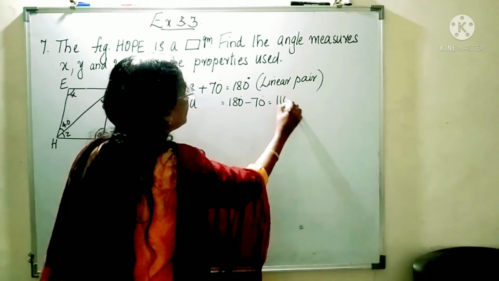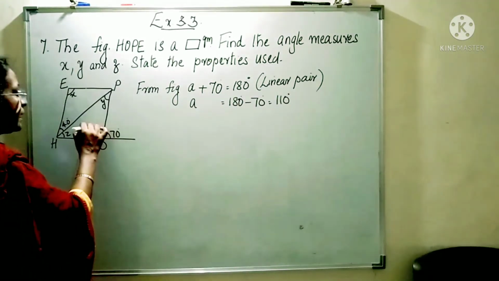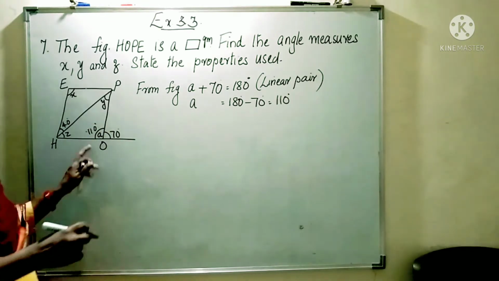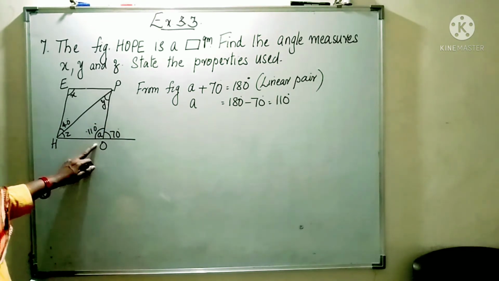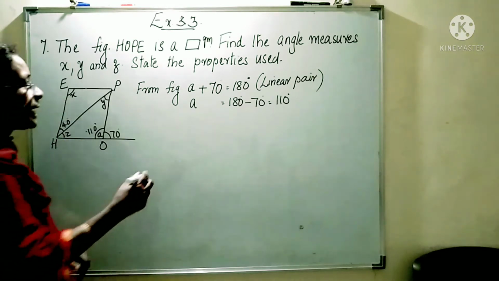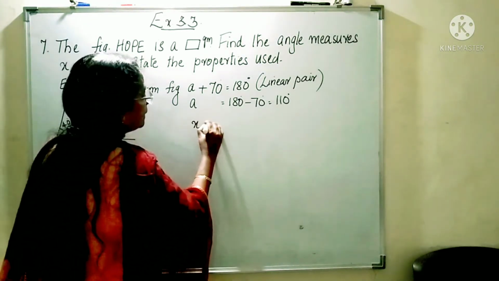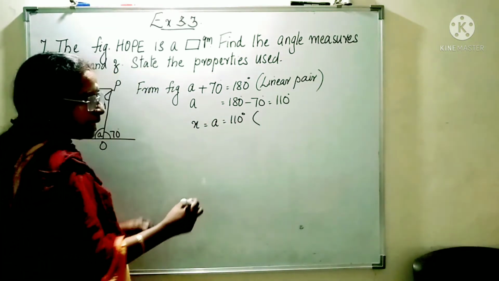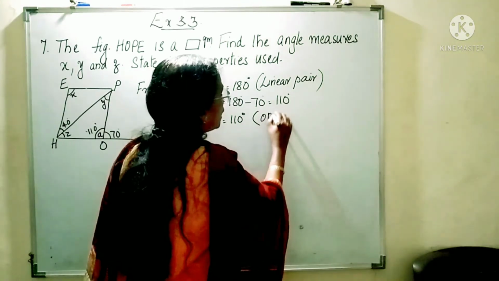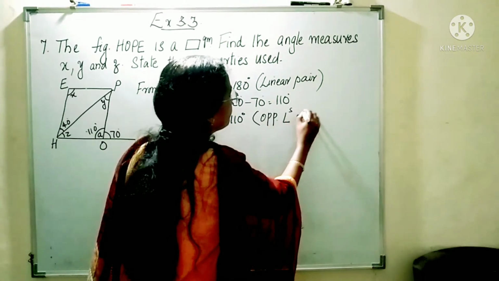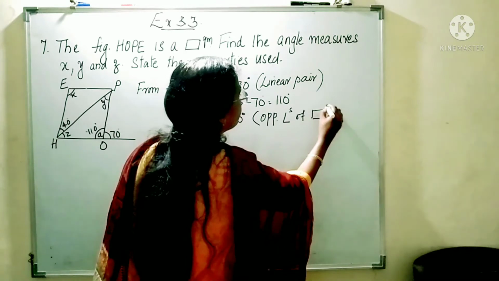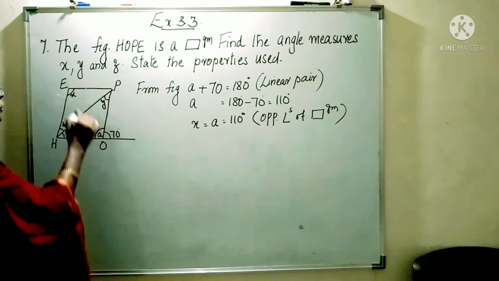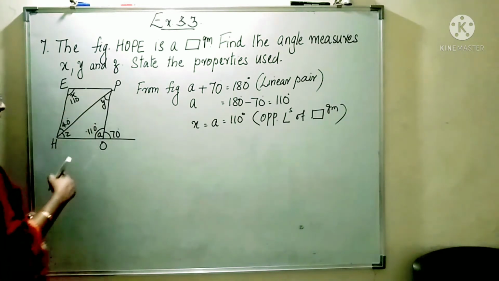That is equal to 110 degree. So you got A is equal to 110 degree. Now, if A is 110 degree, what will be X? X is equal to A, which is 110 degree. By which property? Opposite angles of a parallelogram. So you got X is equal to 110 degree.